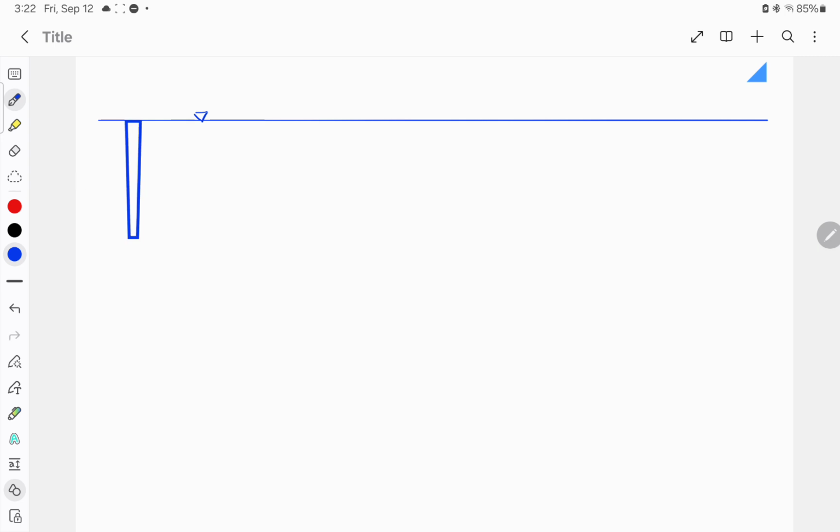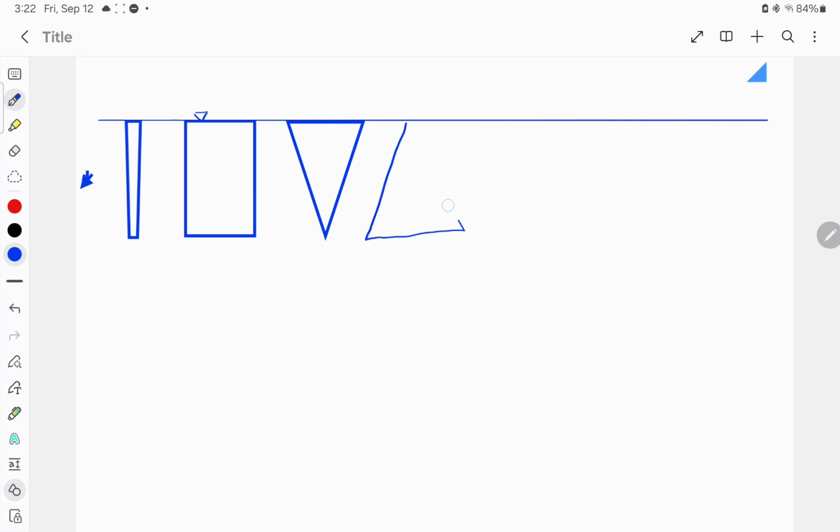When we look at it from the side, with my eyes here, it might look like a rectangle, right? It might look like an inverted triangle, right? It might look like a straight triangle. Fair enough.